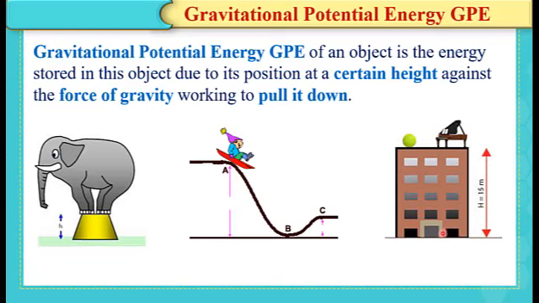The energy is stored as the result of the gravitational attraction of the earth on these objects that we see. Let's watch this video to understand more about gravitational potential energy.